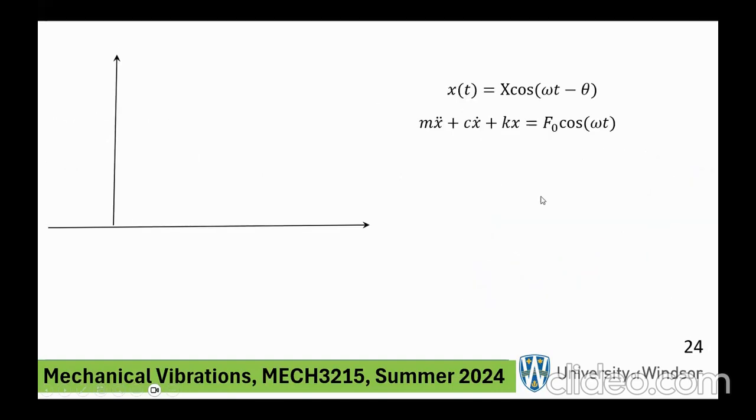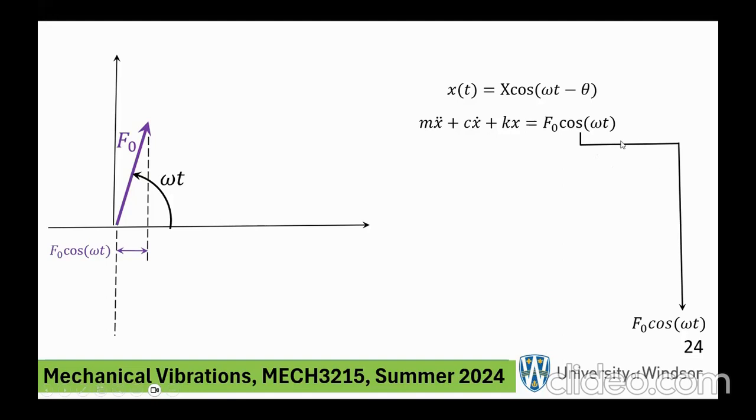All right, so let's write these things down. This is the displacement. That is the purple one, which is the force, the harmonic force right there. This is the mother of all equations. That is the harmonic force. You can see that. This is the displacement right there, 30 degrees behind.